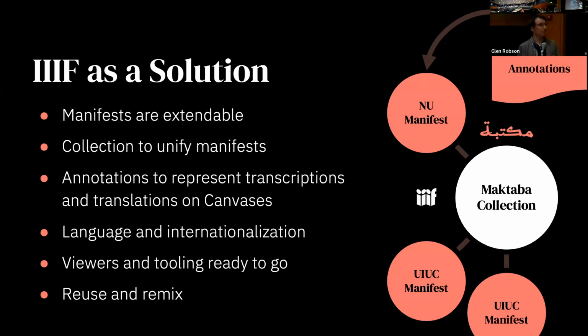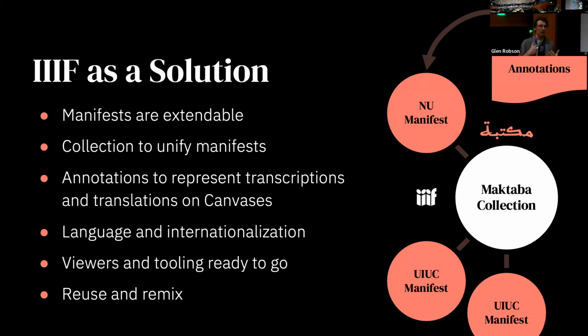There would be a new Maktaba collection that would unify these things and also have annotations added to them. So in that way, there's an originating manifest and now a new manifest with the annotations on it. And a separate way of thinking about that.